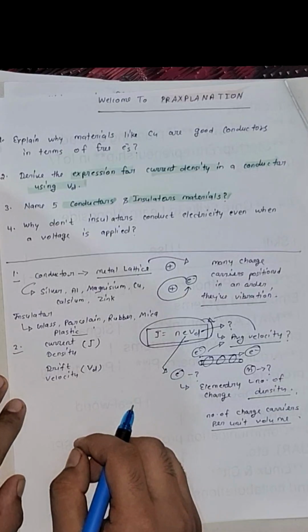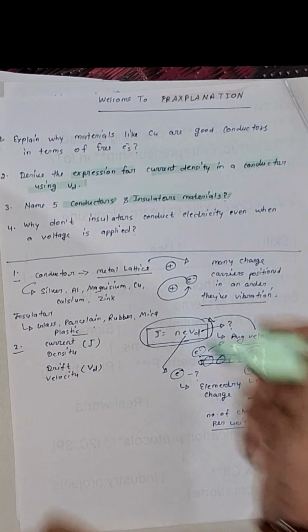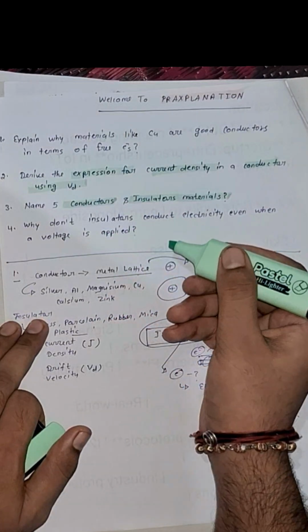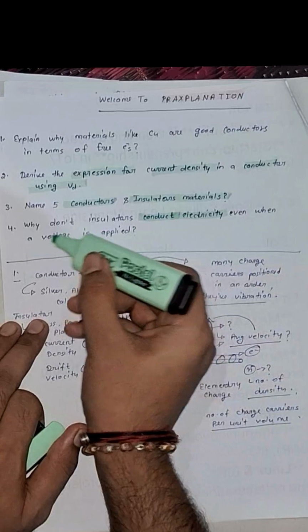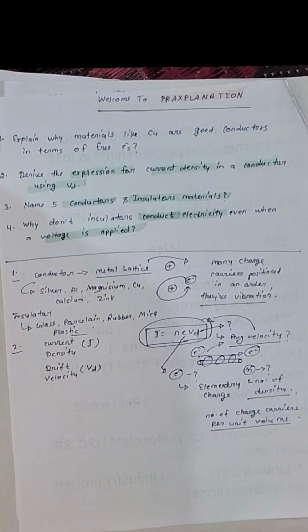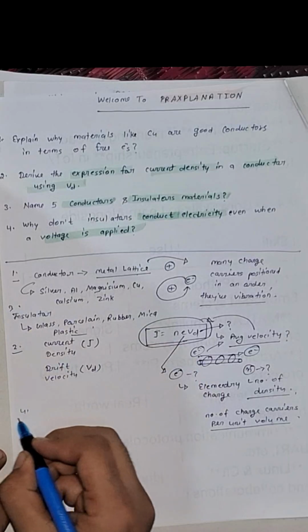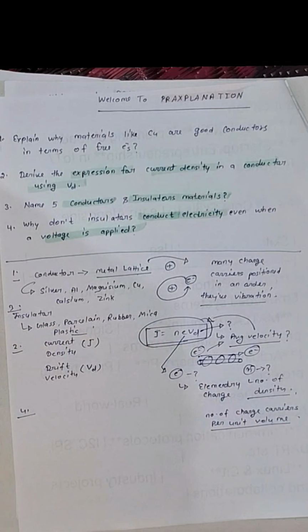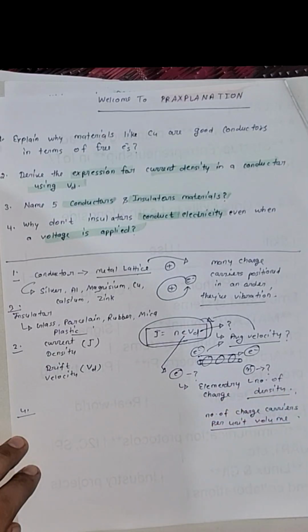Okay, and now let's understand our fourth question: why don't insulators conduct electricity even when voltage is applied? This is a very interesting question. So our third question is done. Now let's see the fourth question. There are three reasons that insulators don't conduct electricity when voltage is applied.